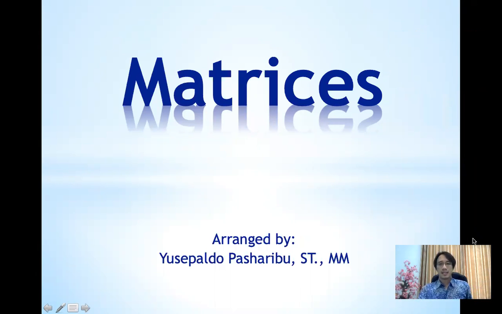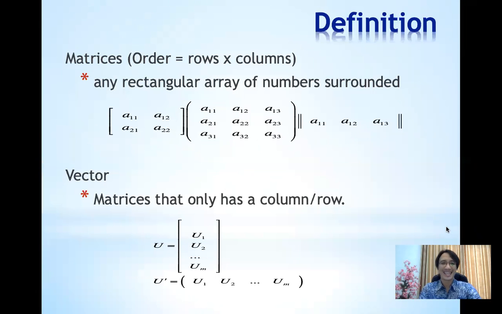Matrix. This is not a movie. As we know, maybe all of you already learned about matrix when you were in high school. A matrix is any rectangular array of numbers surrounded by brackets. Usually a matrix has an order, or in Indonesian we call it ordo.